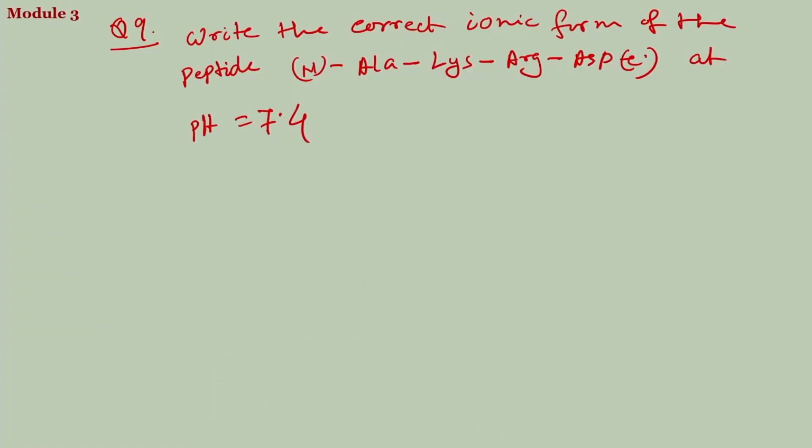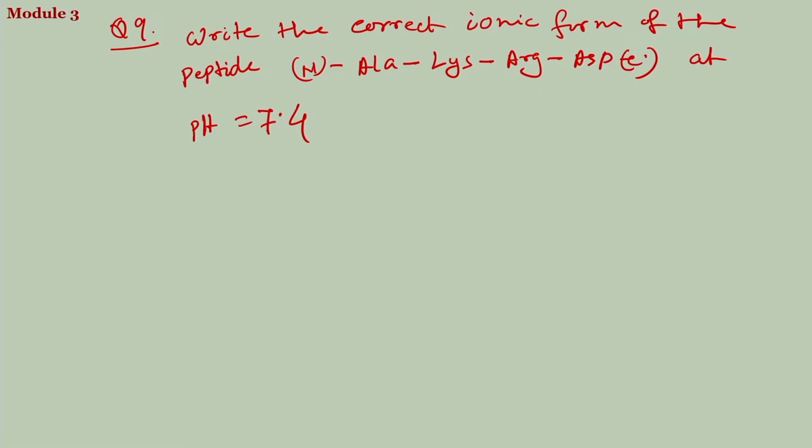Last lecture I left you with this problem: write the correct ionic form of the peptide. This is the sequence, starting with the N terminal alanine, lysine, arginine and aspartic acid, that is the C terminal.